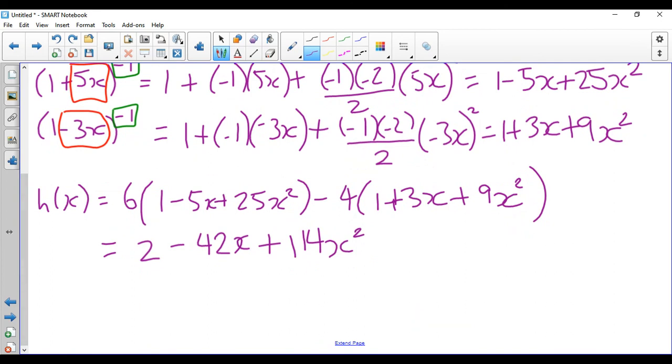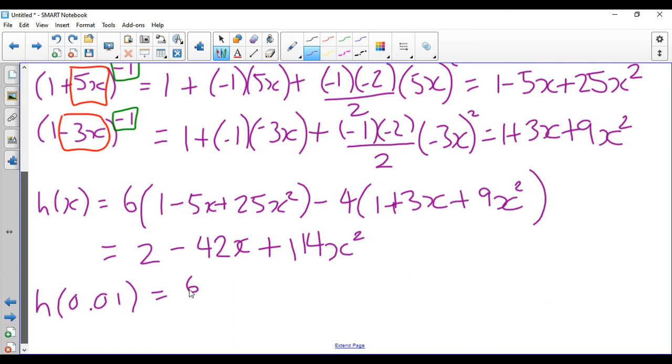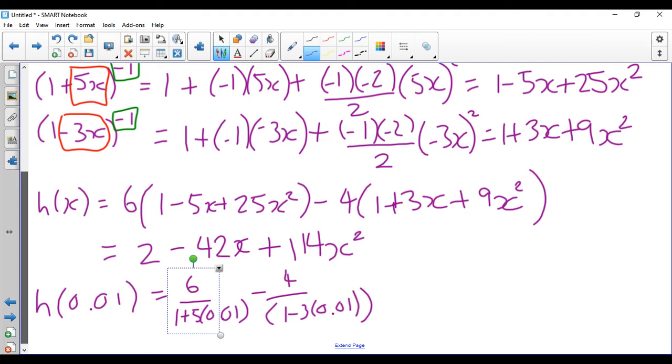First things first, h of 0.01 would be my function, 6 over 1 plus 5 lots of 0.01, minus 4 lots of 1 minus 3 lots of 0.01, which equals, and a calculator will give it you exactly for this one.